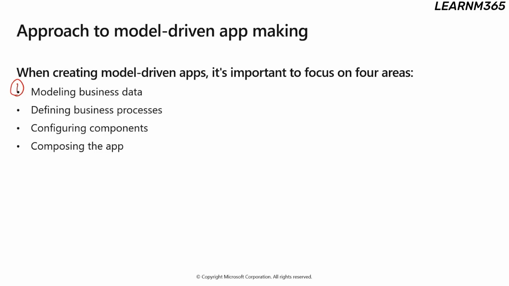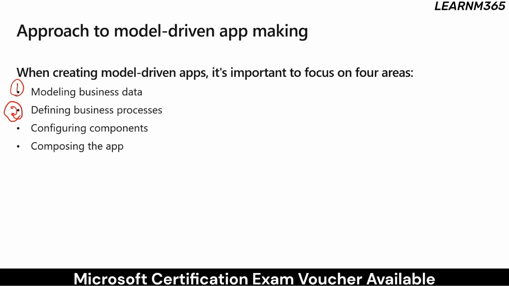Then the second step which you are supposed to follow is defining the business process. You can have business rules or you can have business process flows, which we would be covering in upcoming modules or sessions. So define your business processes, that is what process a particular person should follow to have the data entered in the model driven application.